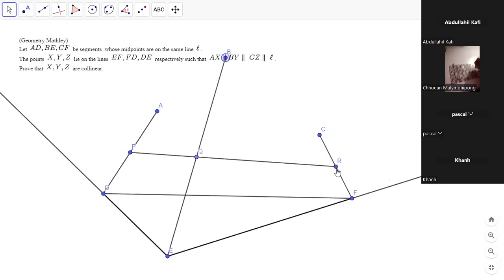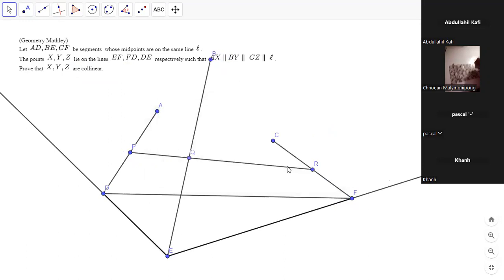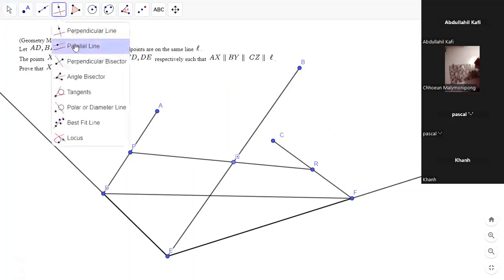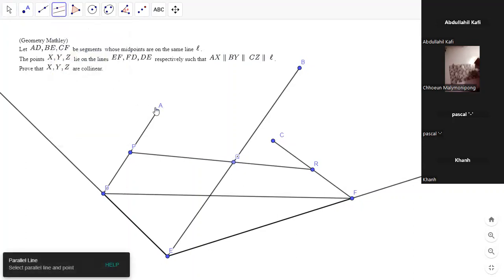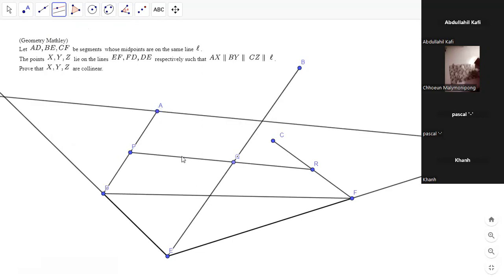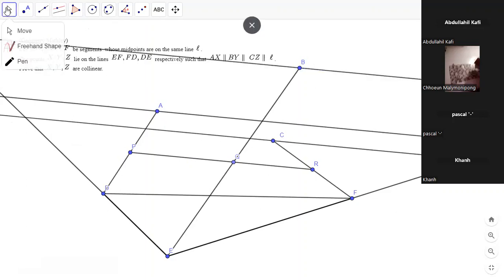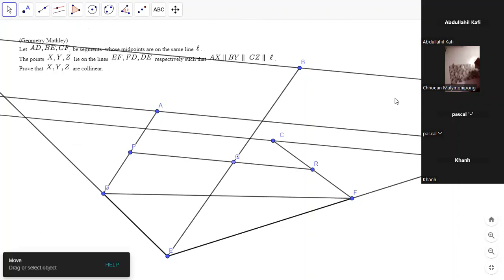Let me think how to do this. Let's make a nice diagram. X lies on EF. So we have these parallels and we want them to meet those lines at nice points.